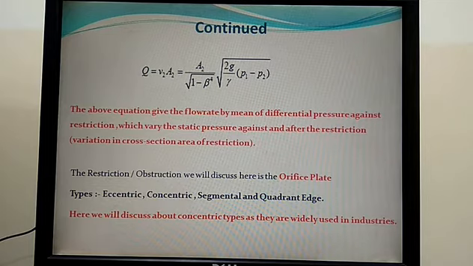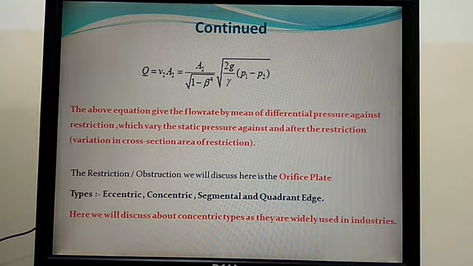So the restriction I am talking about here is the basic restriction, or the first obstruction, which is the orifice plate. I am considering the case of orifice plate. The types of orifice plates are eccentric, concentric, segmental and quadrant edge. Here we will discuss concentric type, as they are widely used in industry.